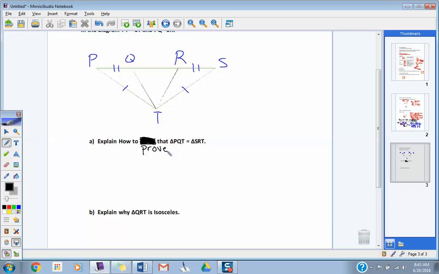Okay, explain how to prove that triangle PQT is congruent to triangle SRT. I'm going to go ahead and highlight the two first. Is that okay? So what triangle first, guys? P to what to what? Trying to show if that triangle is congruent to what else? SRT.